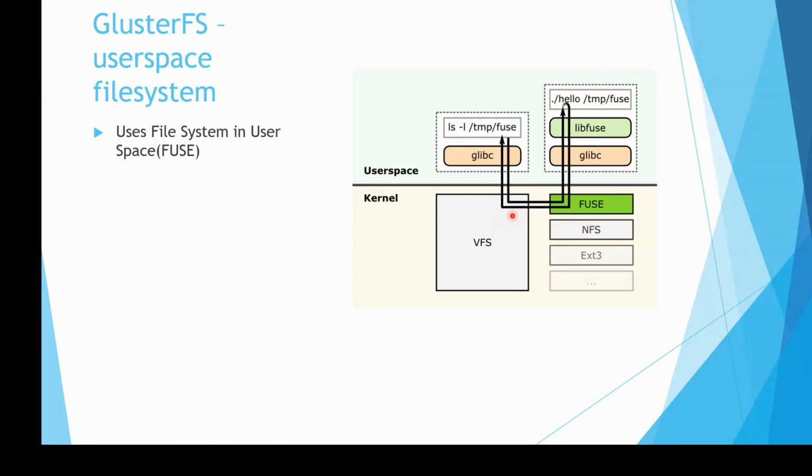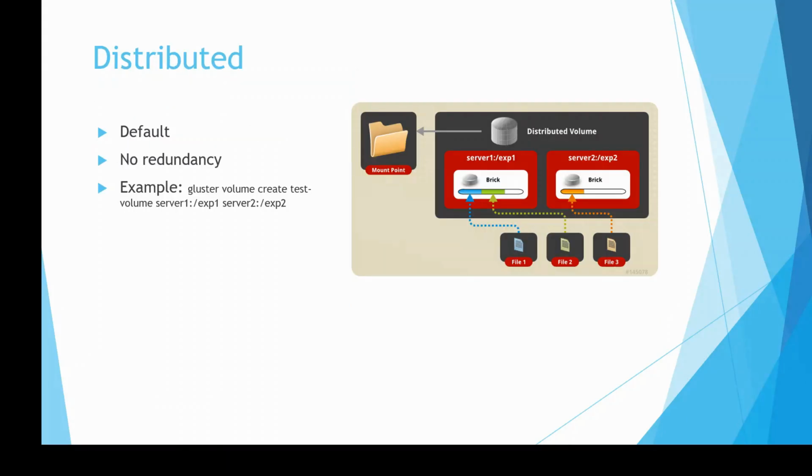Then it passes the request to FUSE, which is the interface with GlusterFS, and it executes the command and passes the result back to the user. So FUSE is the intermediate interface between GlusterFS and the kernel.